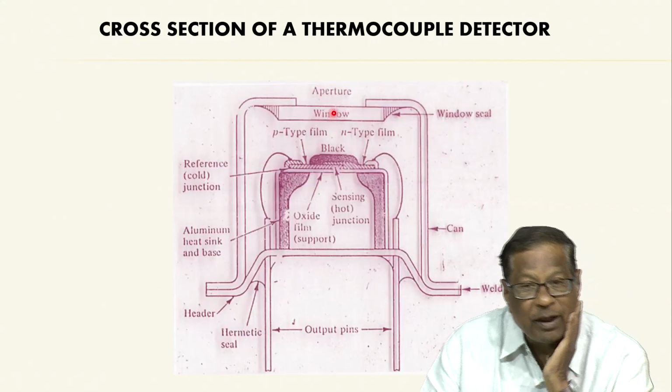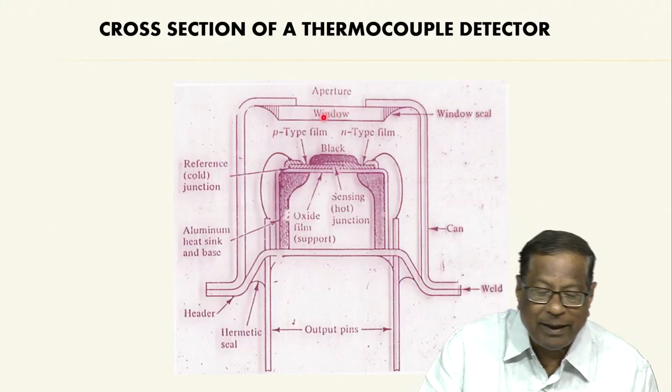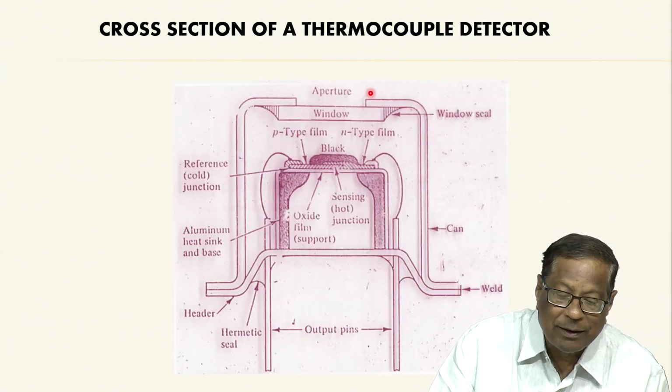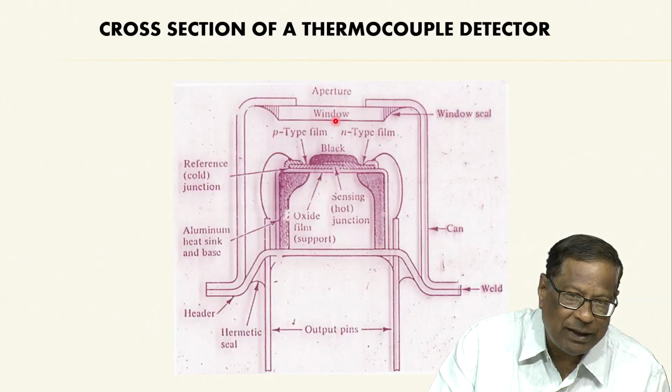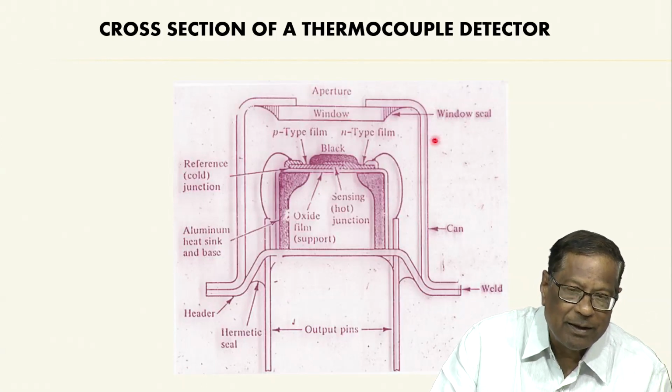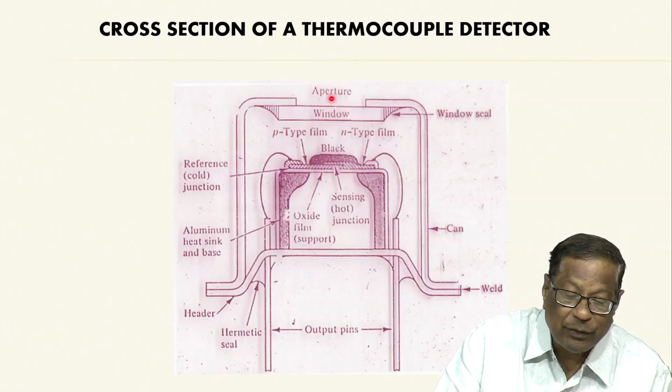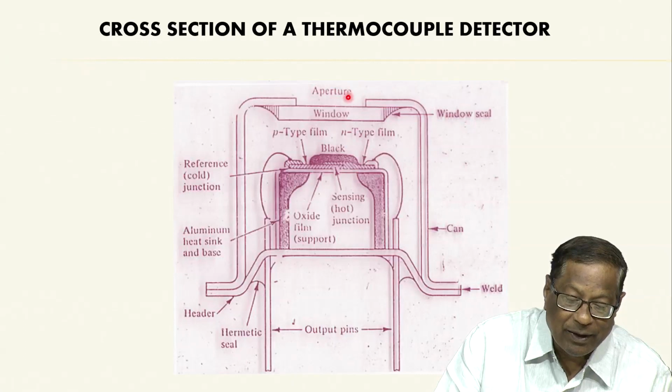This window, if it has to allow IR, has to be made from polythene film or sodium chloride, or whatever is the optical quality that is required for our infrared. So, the aperture is IR transmittive and the window is IR transmittive.